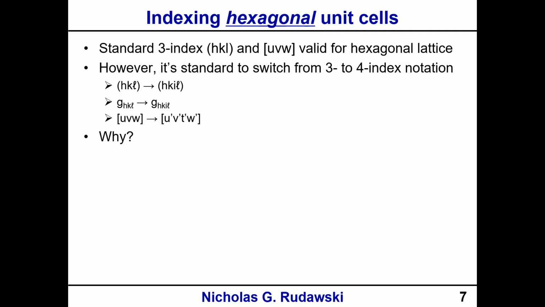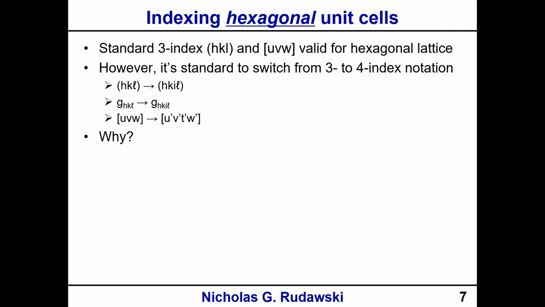As far as the directions, we now go from UVW to U prime, V prime, T prime, W prime. Notice I put primes there as opposed to keeping the originals, and there's a reason for that with the directions that we're going to see. But again, we slip that T prime in between the V prime and the W prime.